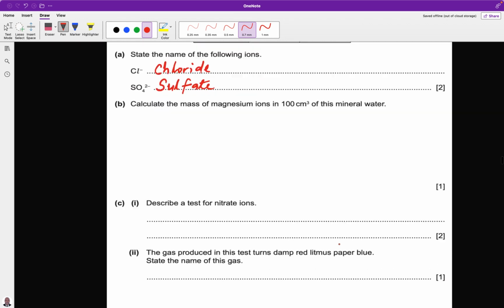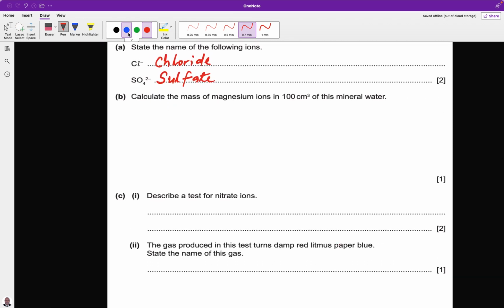So let's see how we can solve this problem. The way to solve this problem is simple. Let's do it like this, with simple proportion.